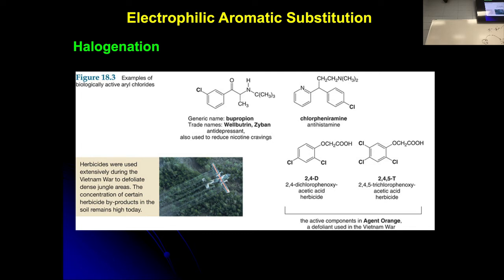Yep. Can I rewind a second? Where did you get the little circle thing right here? How did you know to put that into the Br? Is it just understood? Well, we know we're doing electrophilic aromatic substitution on an aromatic ring, right? So I knew I had to have benzene.